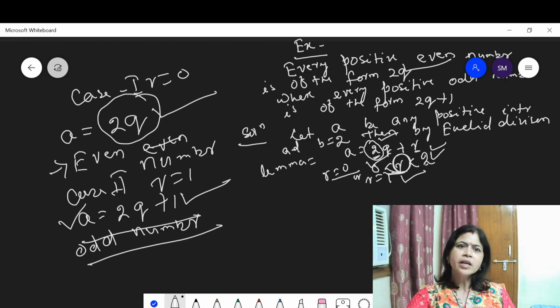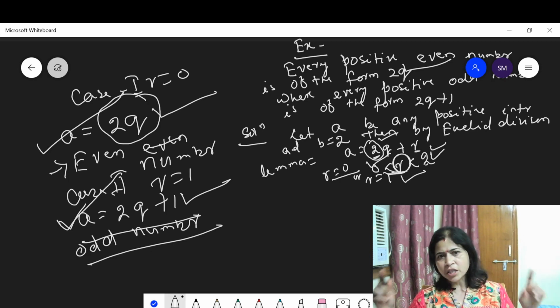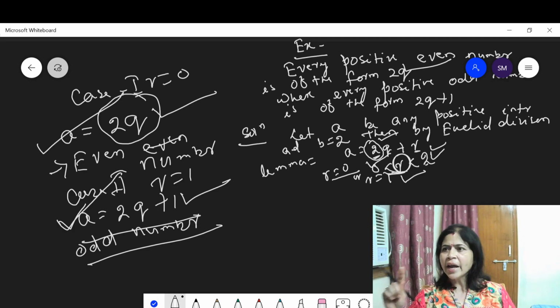Then you get it: any positive integer, if it is even, can be in the 2q form, and if it is odd, it can be in the form 2q plus 1. Okay, any doubt? Students, if any doubt persists, please ask me. I am ever ready to clear all your doubts.